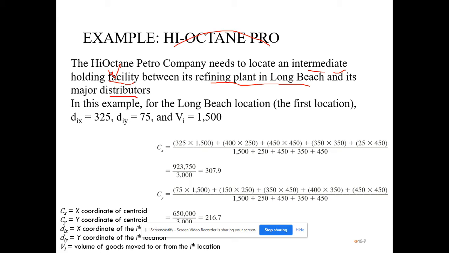So where is the refining plant? What is the coordinate? Dix is 325, Diy is 75, and Vi.